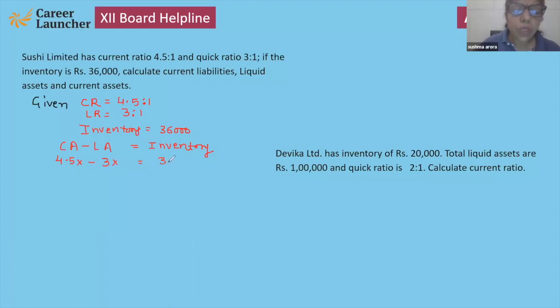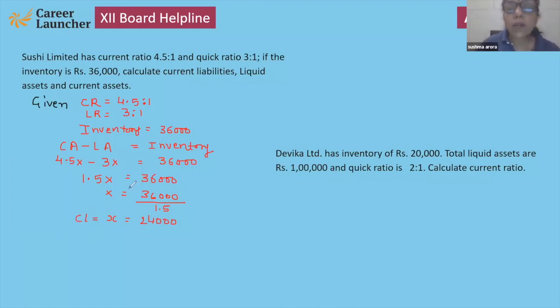So 1.5x is equal to 36,000. X is equal to 36,000 divided by 1.5. So X is equal to 24,000. X means current liabilities.